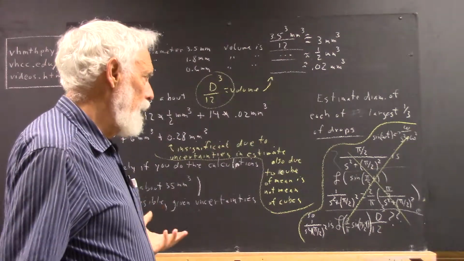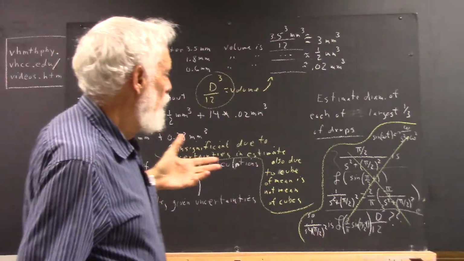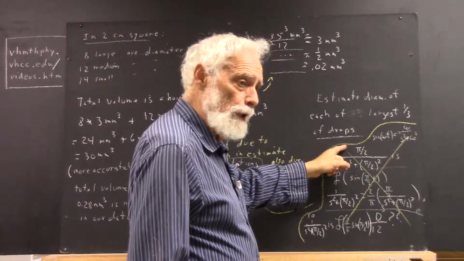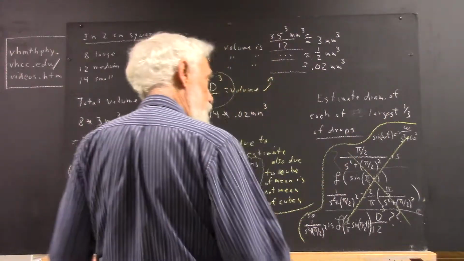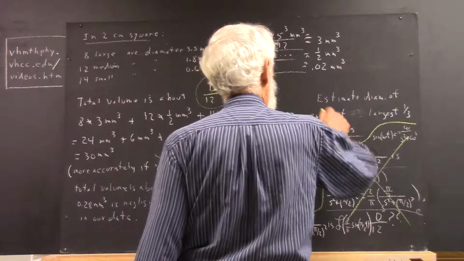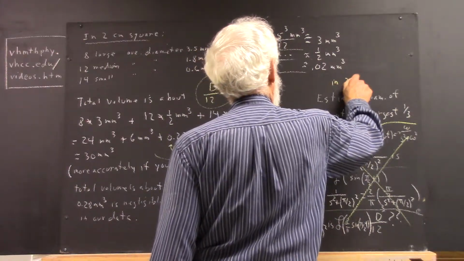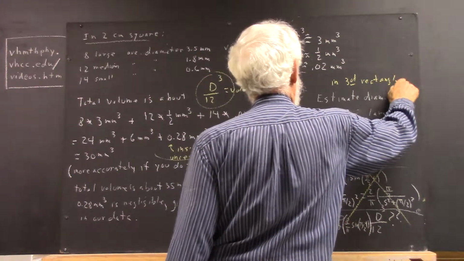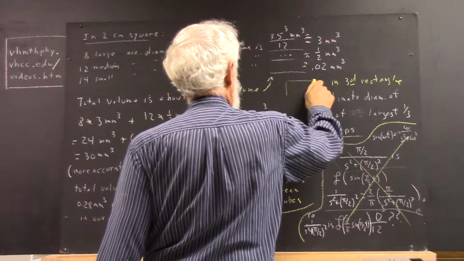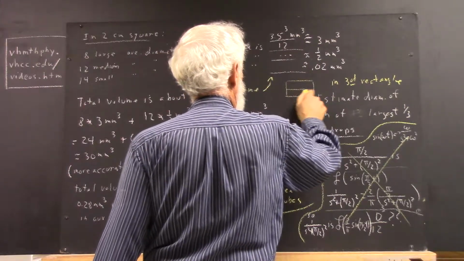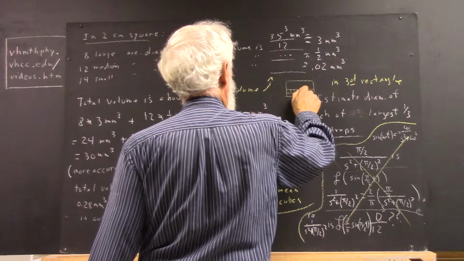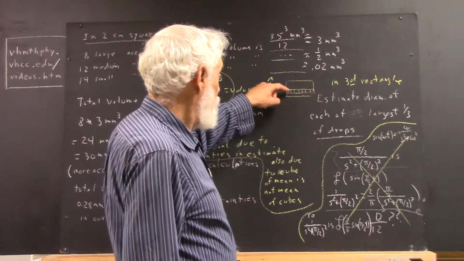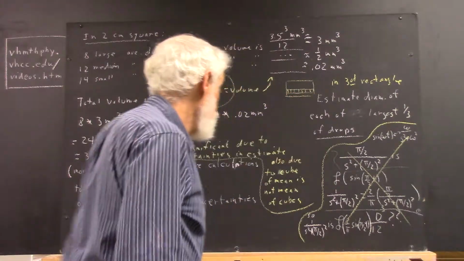What I asked everybody to do then was to estimate the diameter of each of the largest 1/3 of the drops. And this was, I said it, I didn't write it, this is in the third rectangle because we have now a figure where I've got a strip of rectangles marked in red, and we're estimating the numbers in these rectangles.